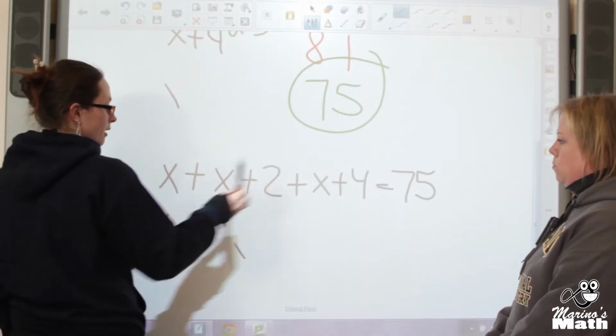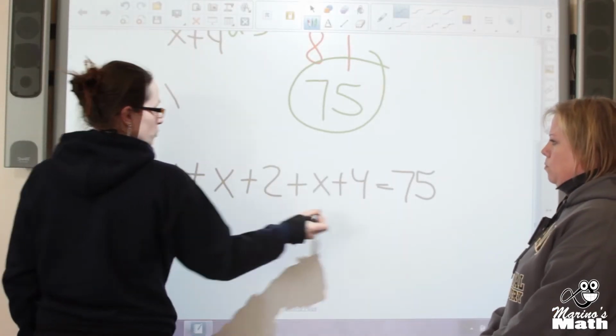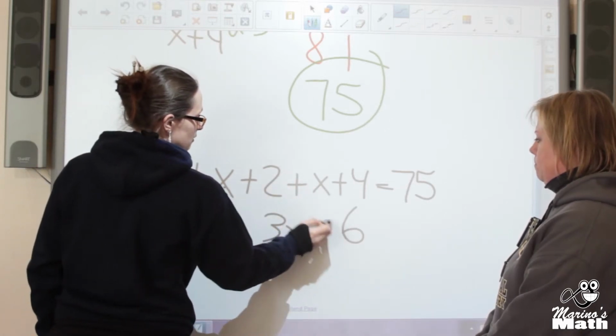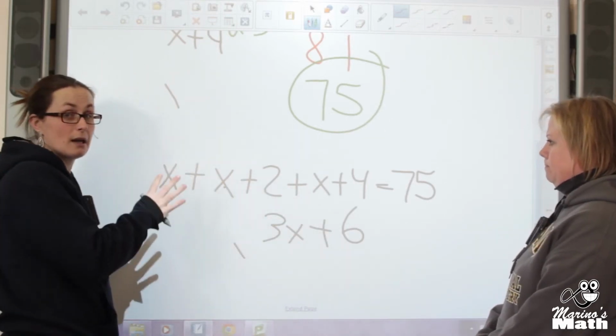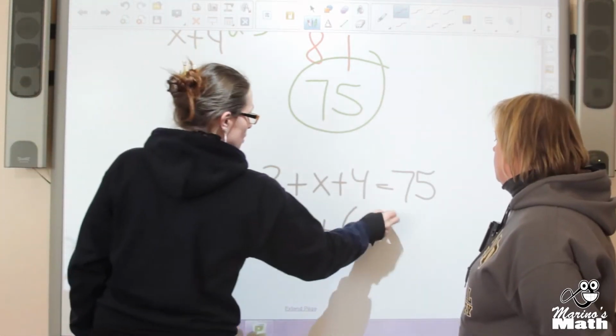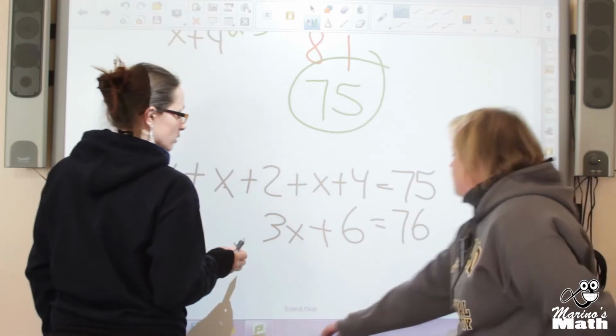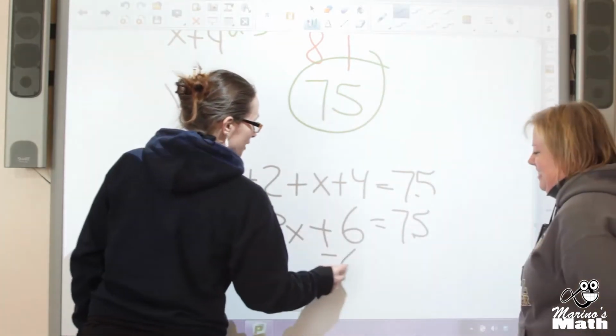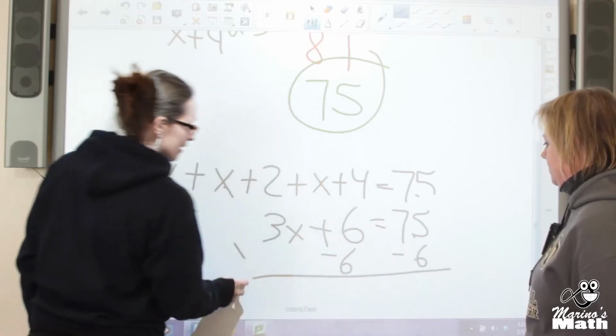And now you can end up with 4 and 2 is 6. x and x and x makes 3x. And I don't expect you to do this yet, but for those of you that can see this, it's a nice way to solve this problem. You end up with 75. We're going to subtract 6 from both sides.